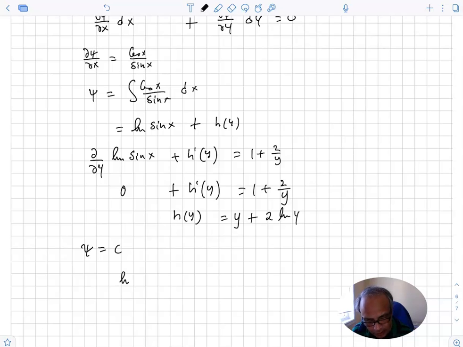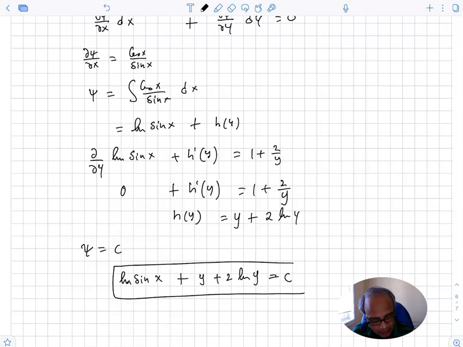So the solution is given by ln of sin x plus y plus 2 ln of y equals constant. And this is the solution written implicitly.